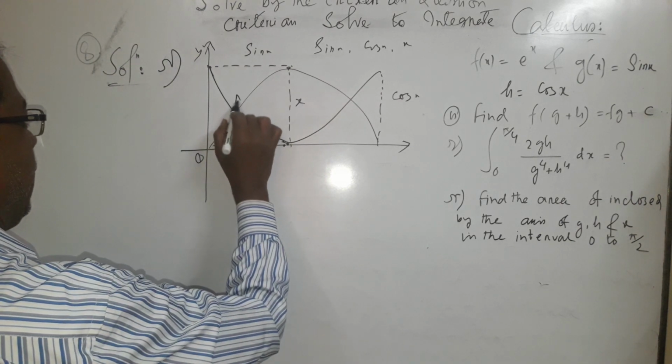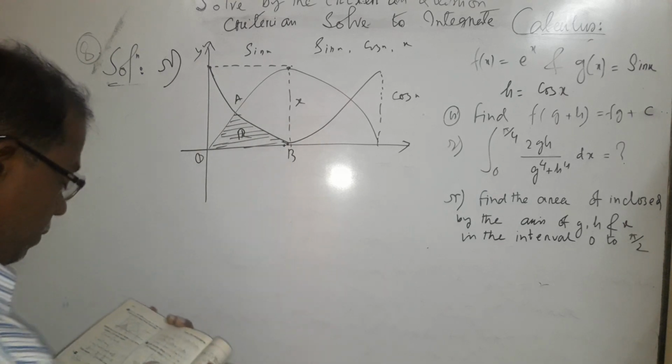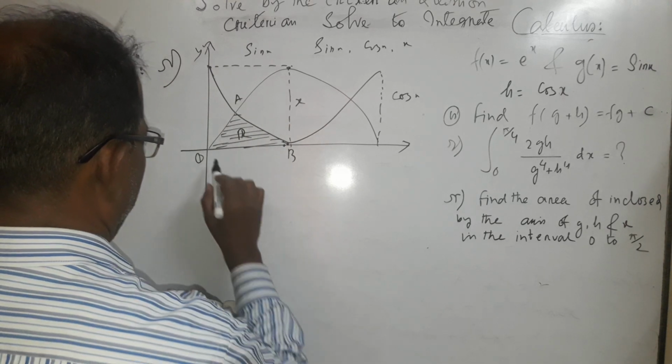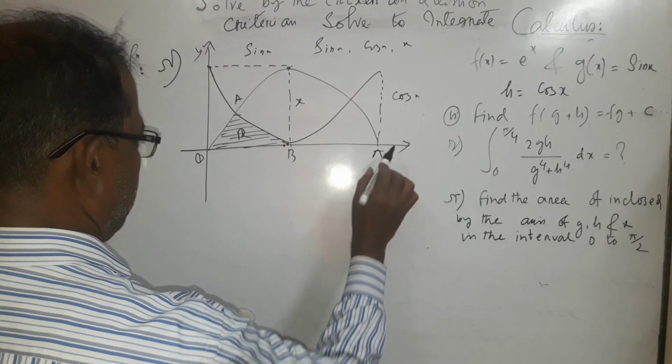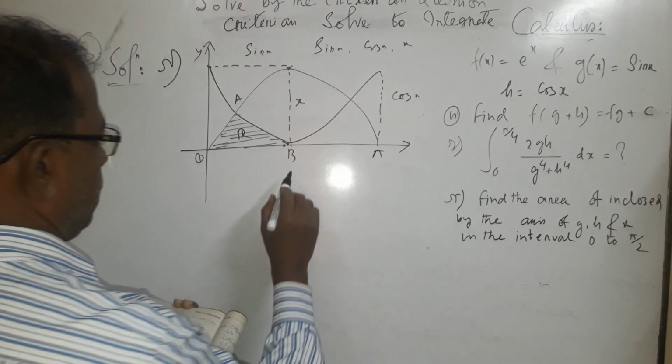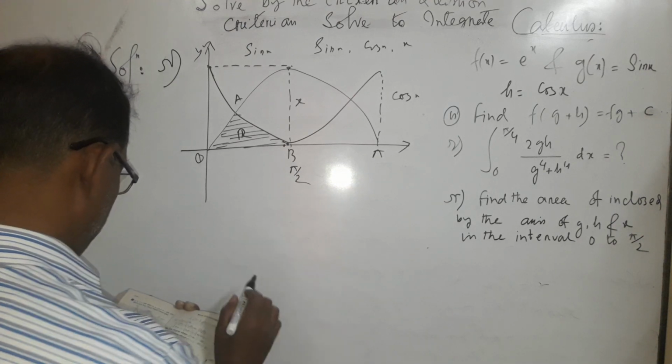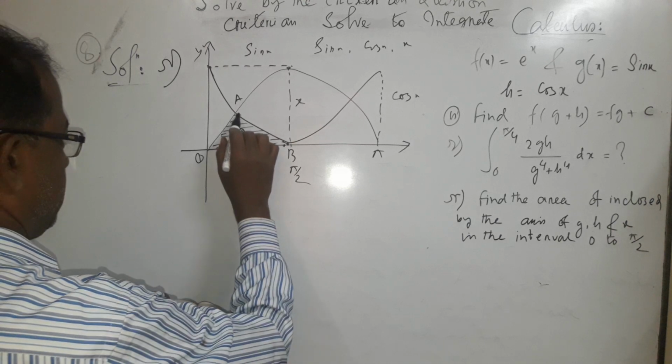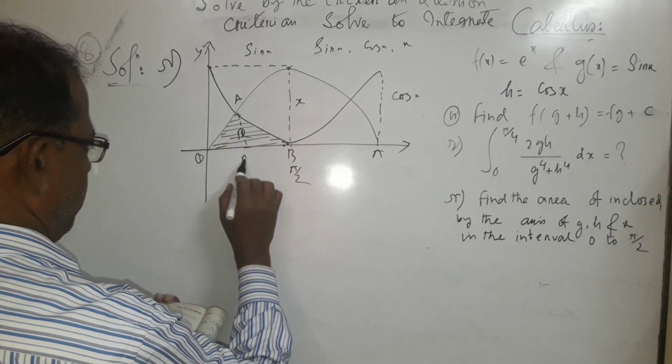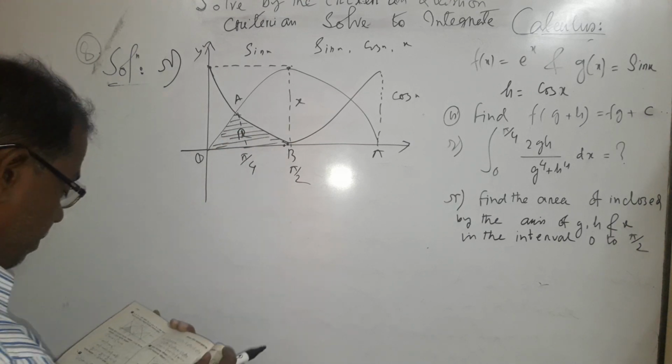Well, A and B. Total boundary is pi, and pi divided by 2, and this is pi divided by 4.